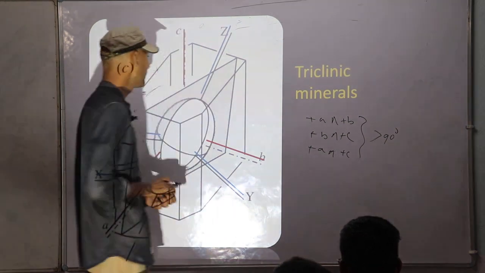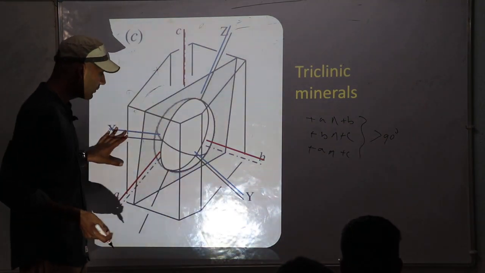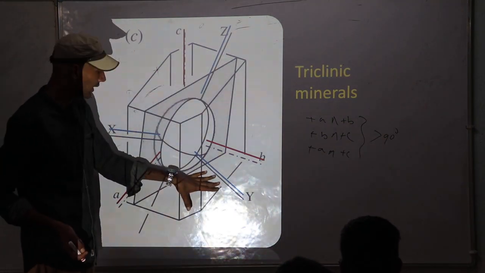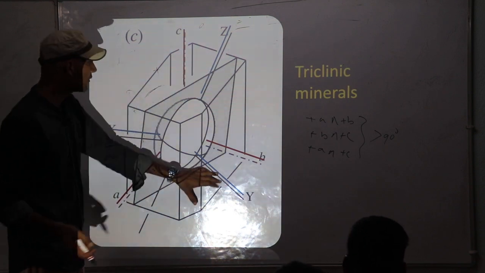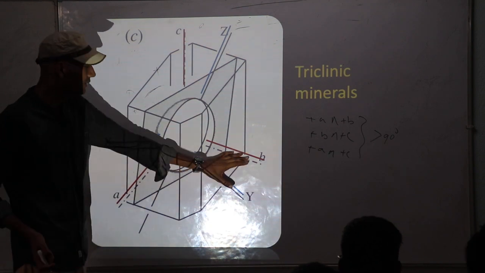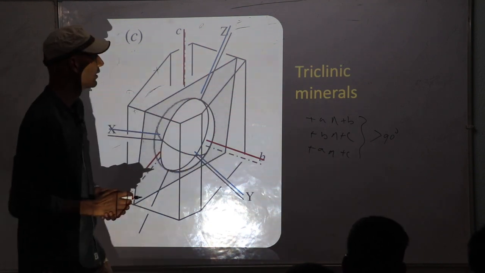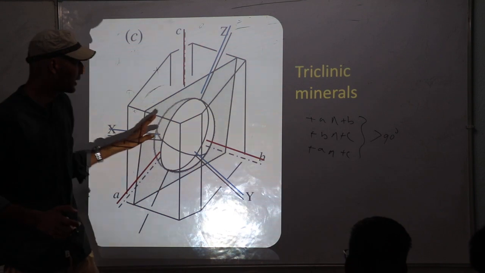So none of the indicatrix axis, you can see X, Y and Z, none of them are coinciding with A, B and C. Okay, this is for triclinic minerals.